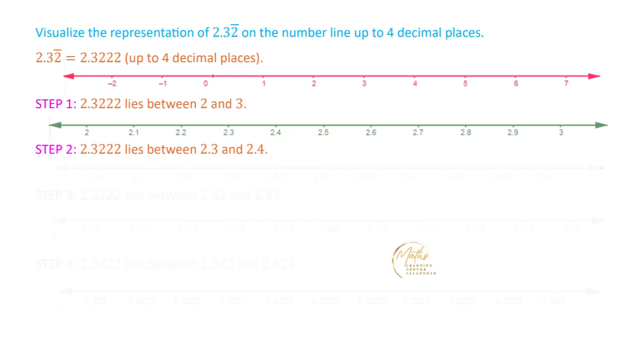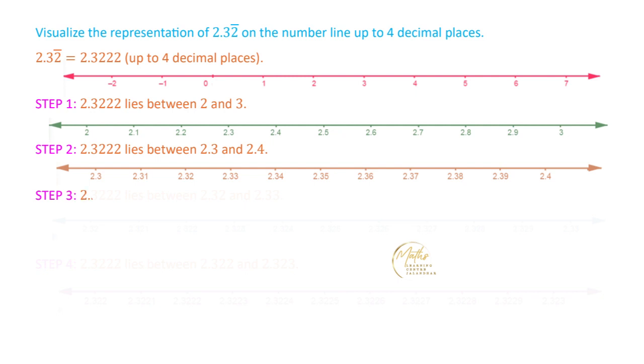When we magnify this portion and divide it into 10 parts, we have the representation in this way. This is the point 2.3, this is the point 2.4, and we have divided it into 10 parts. Now this number 2.3222 lies between 2.32 and 2.33. We are saying it lies between these 2 points.